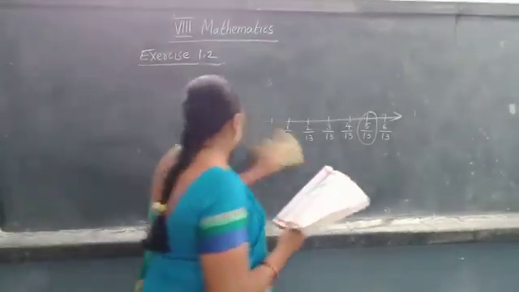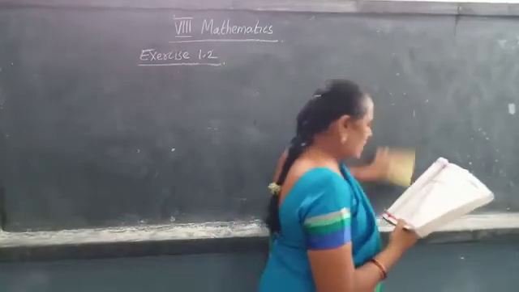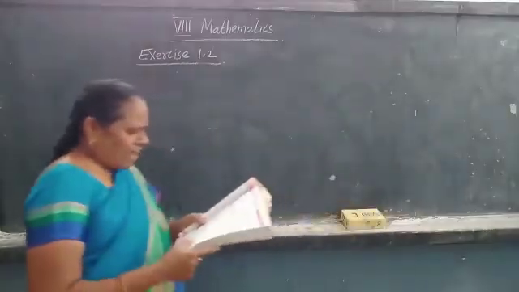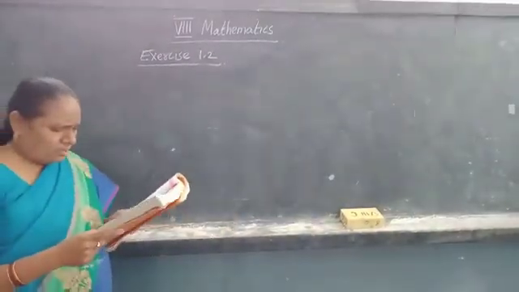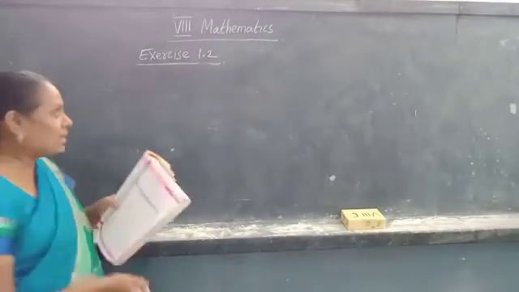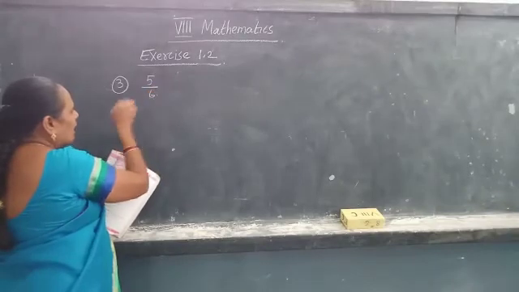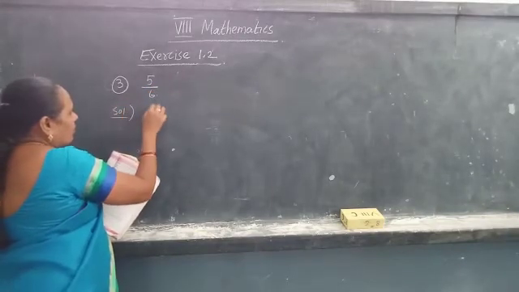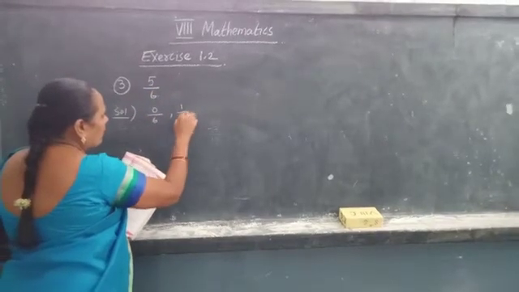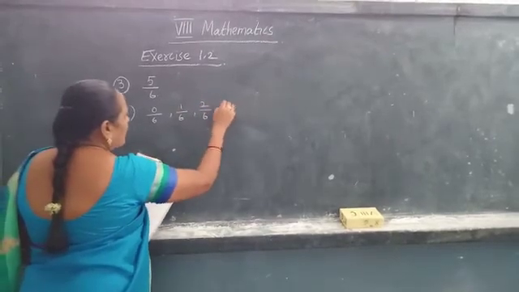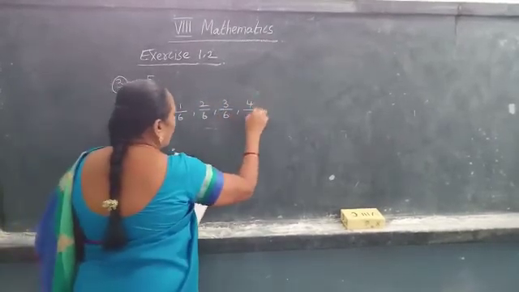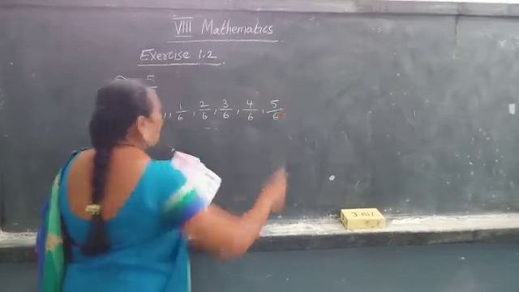Next we go to the third one. The third question is: write 5 rational numbers which are smaller than 5 by 6. So what are the rational numbers which are smaller than 5 by 6? 0 by 6, 1 by 6, 2 by 6, 3 by 6, 4 by 6 and 5 by 6.